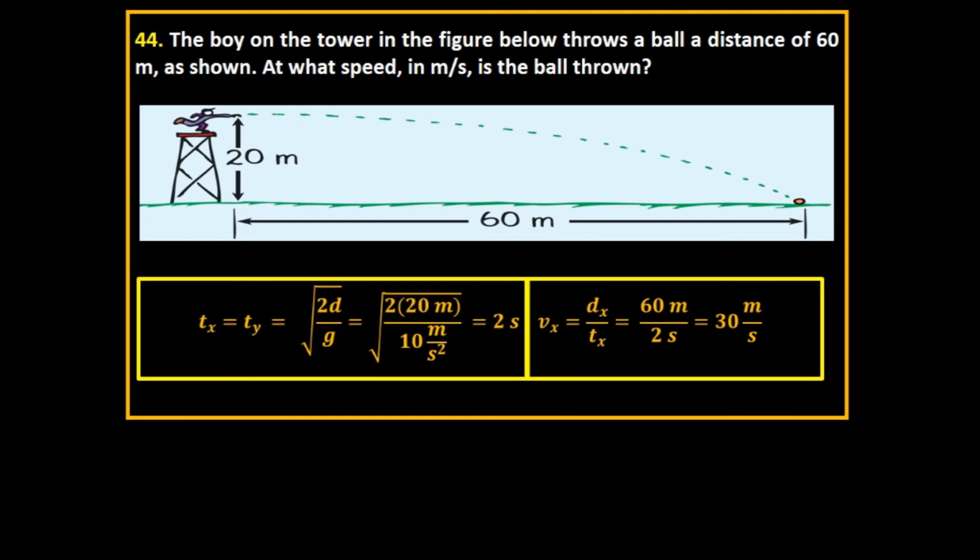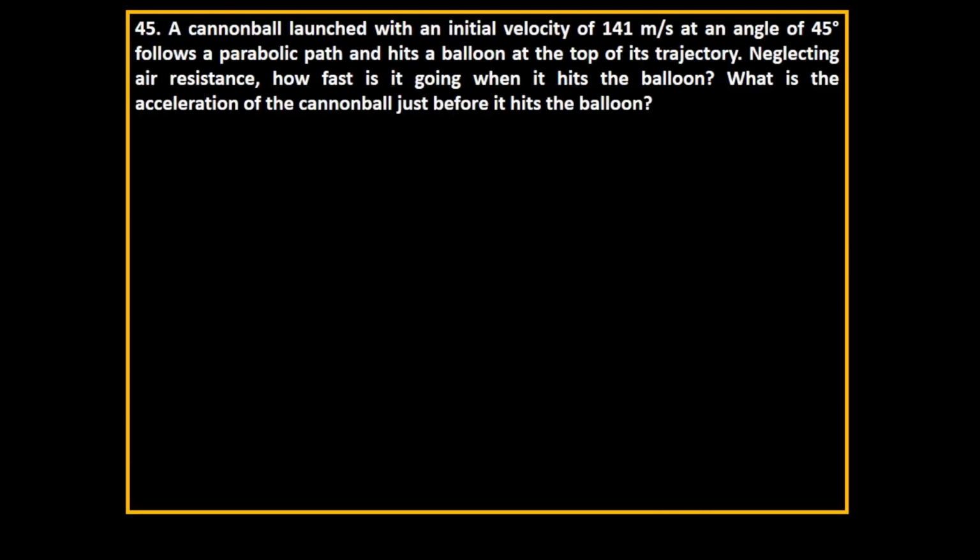So it takes 2 seconds to fall, and then 60 meters divided by 2 seconds is 30 meters per second. So the two velocities are independent, the x and the y. The y is starting from rest, it's falling down, and also tx equals ty.